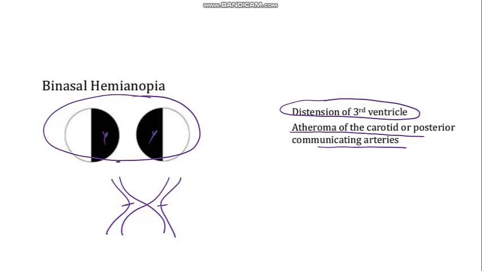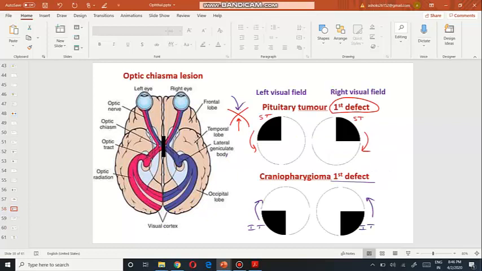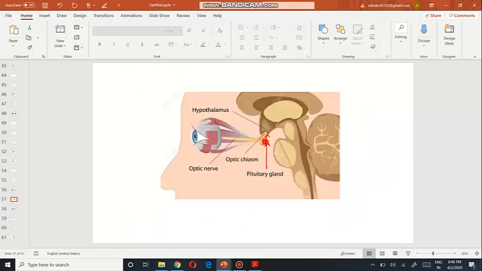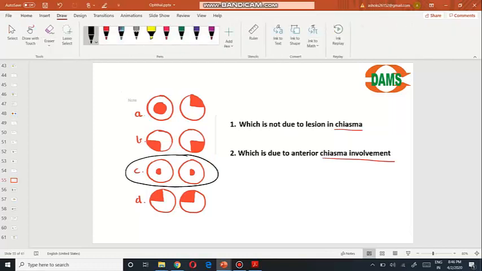See, this is also heteronymous. And if there is a posterior junction, only the macular fibers are involved. So if you see option C, this is a posterior junction syndrome that can also be seen in optic chiasma lesion.